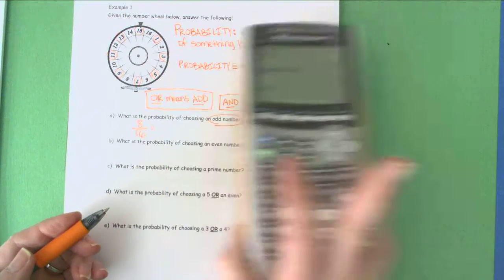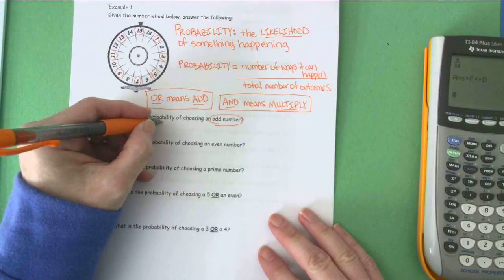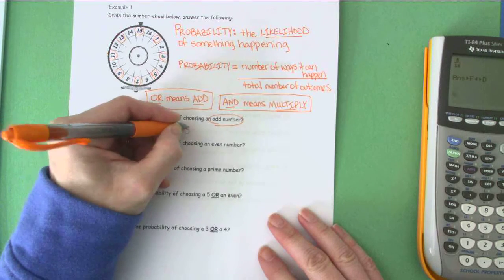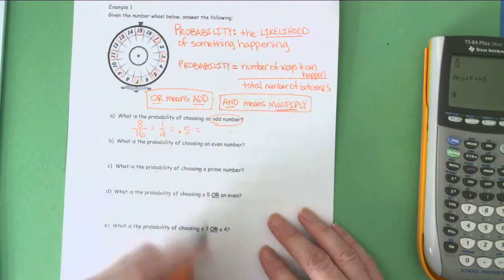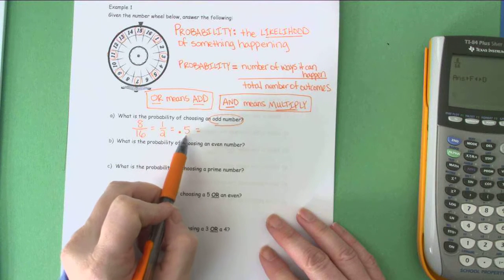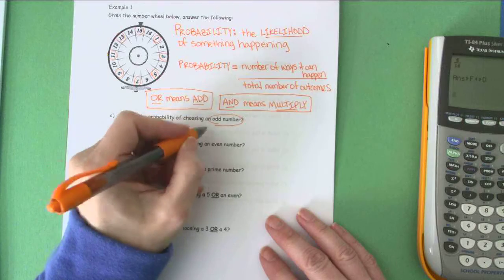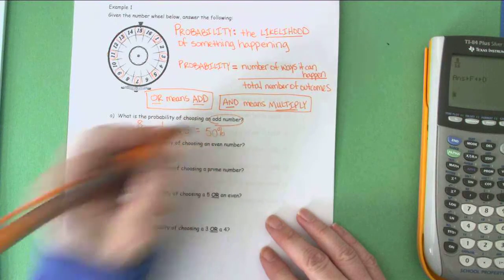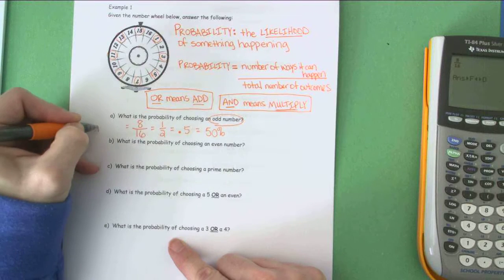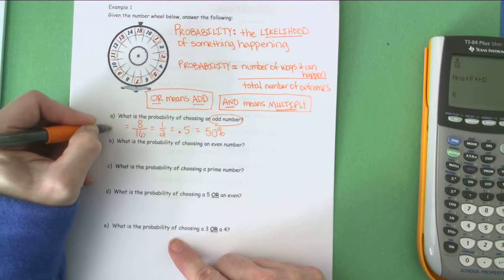So I'm going to reduce this to 1/2 or 0.5, and then last but not least, I'm going to change that to a percent. If I take this decimal and move it 2 slots to the right, I'll be at 50%. So I have a 50% chance of choosing an odd number, and that equals my probability.